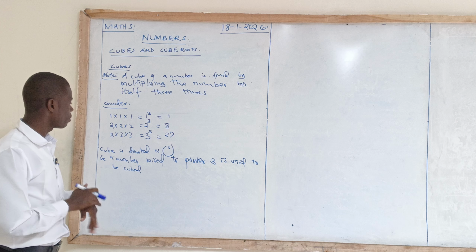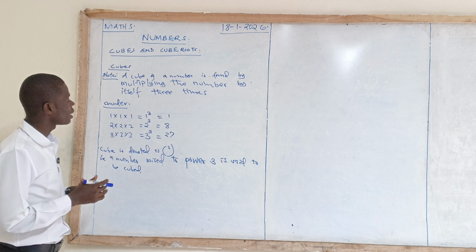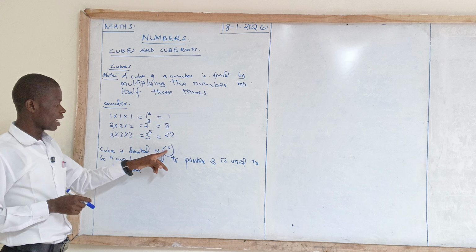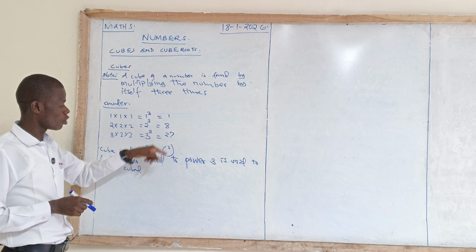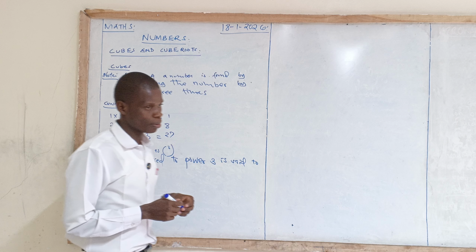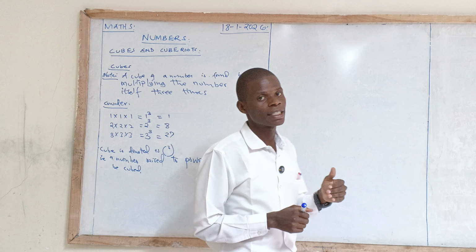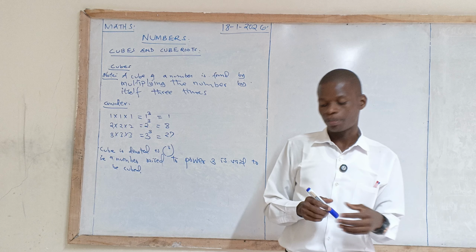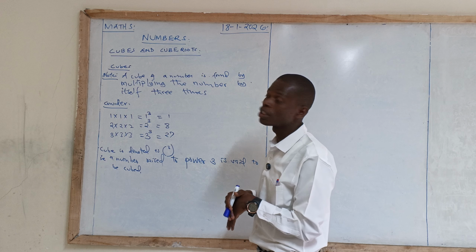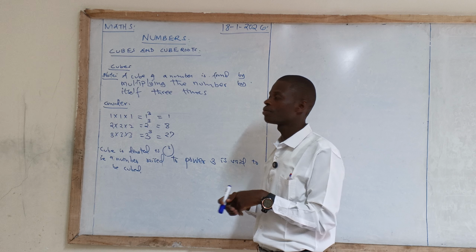So the cube of a number is that number multiplied by itself 3 times, or that number raised to power 3. And this is the symbol for cubed, 3 on top. That is now cubed. It is written as a superscript. So this is now the meaning of cubes.